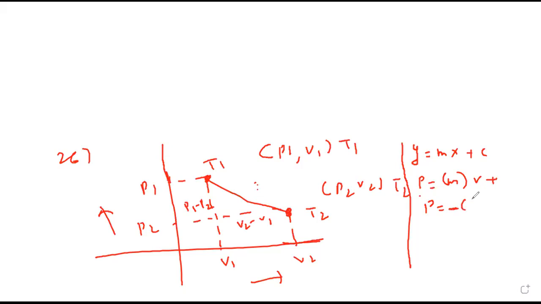So minus of P1 minus P2 upon V2 minus V1, into V plus the y intercept.